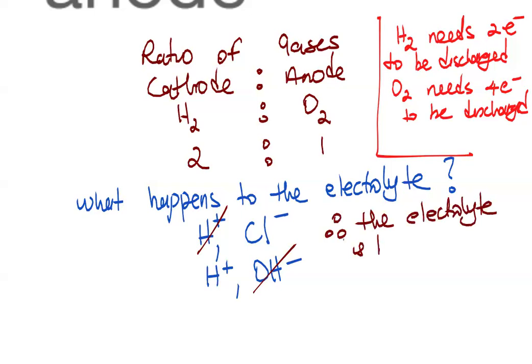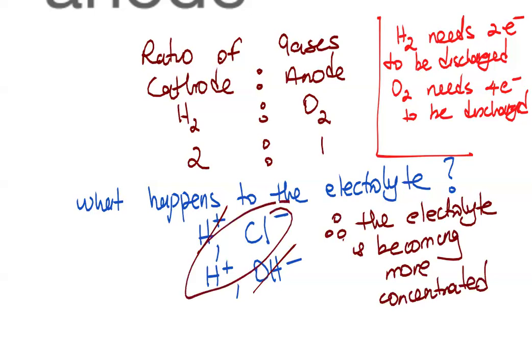Is this okay? So therefore, the electrolyte is becoming, tell me if you all see it, more concentrated. It's becoming richer in HCl. HCl is remaining behind. Is this okay, guys? More concentrated meaning less water in there.